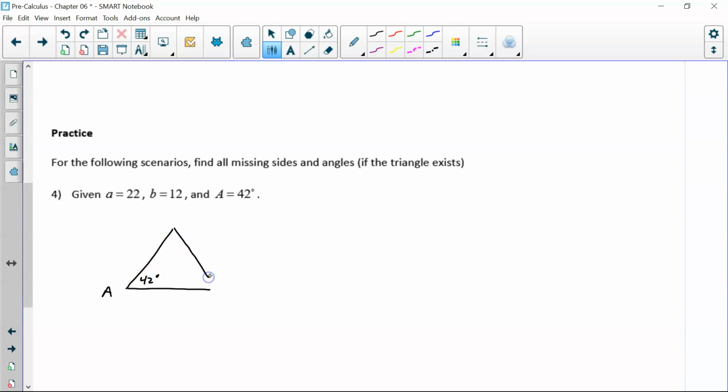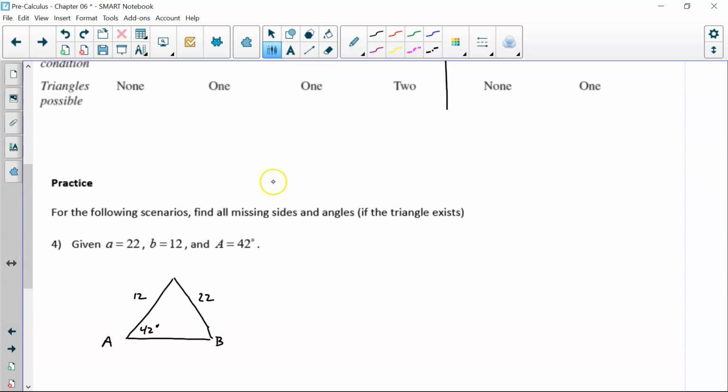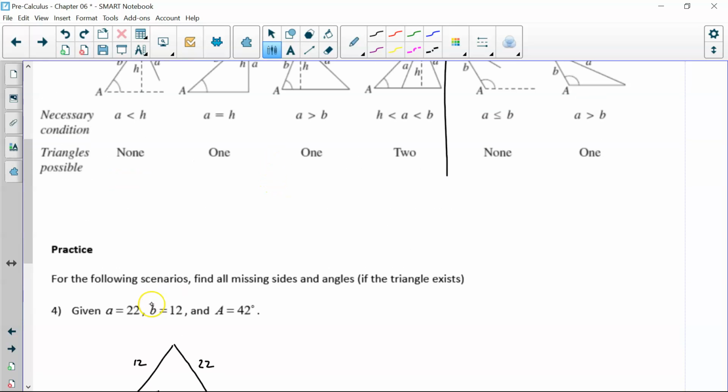I'm not going to connect them because I don't know if they even connect. Here is side A, which is 22. Let's make this angle B here. Let's connect them. Side B is 12.